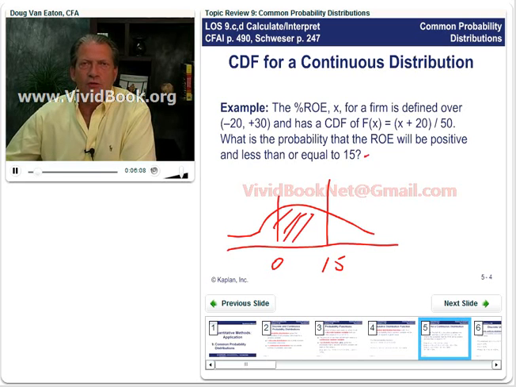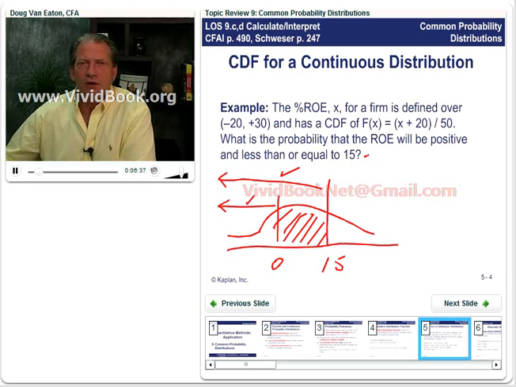Our solution technique is to use this cumulative distribution function and get the cumulative probability all the way up to 15, and then the cumulative probability all the way up to 0. Our answer is the difference between them.